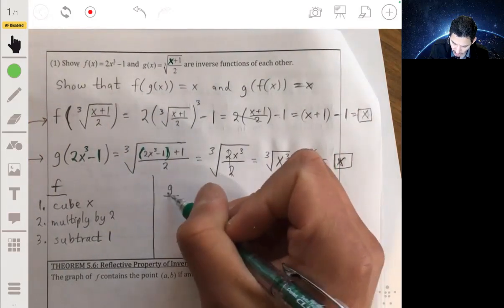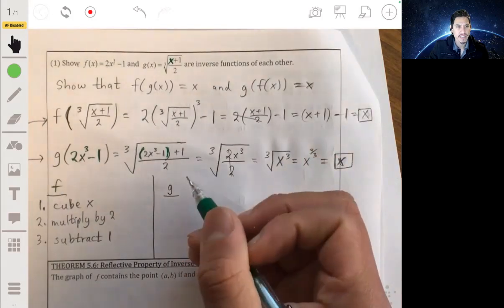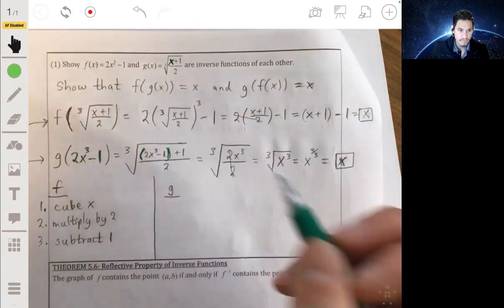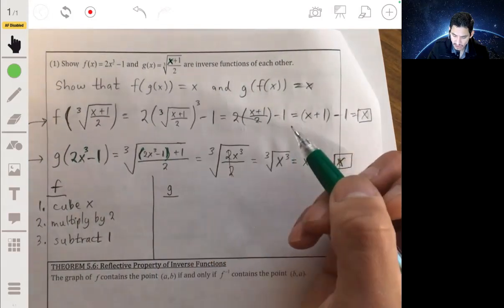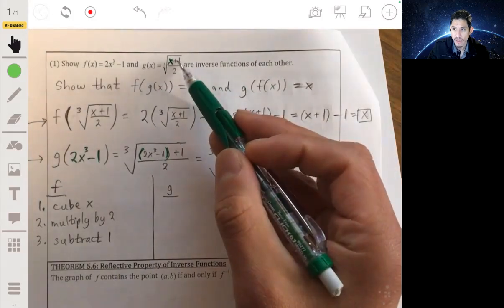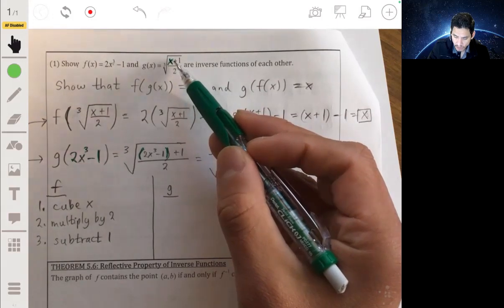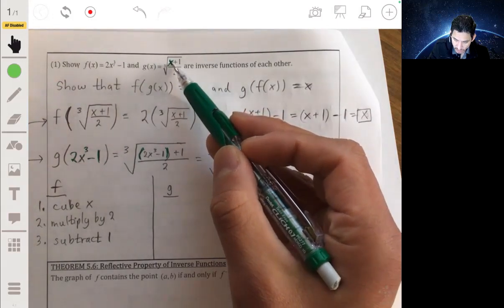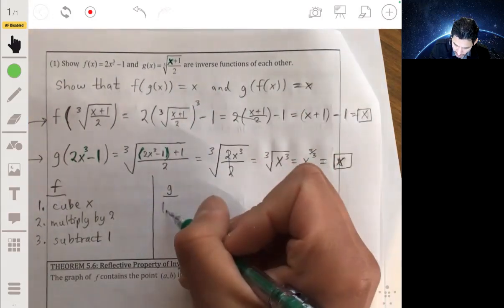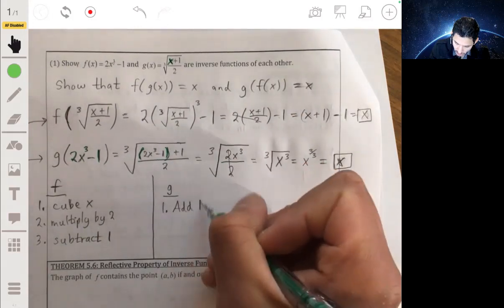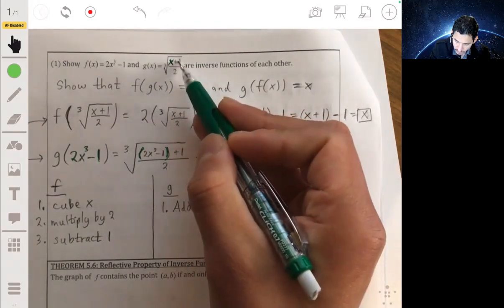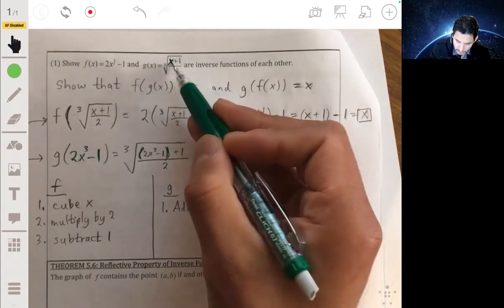Now let's write out what g of x says to do. So for g of x, what are we doing first to that input? Step 1 is add 1. Then after we add 1, what do we do?